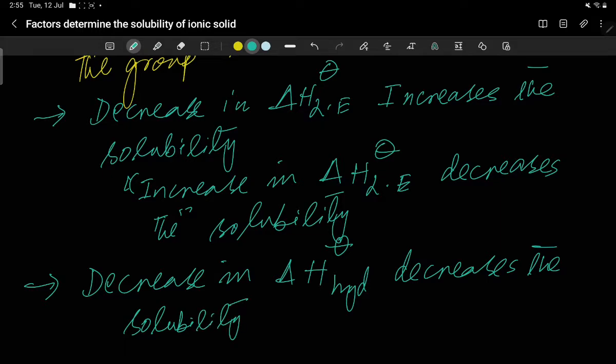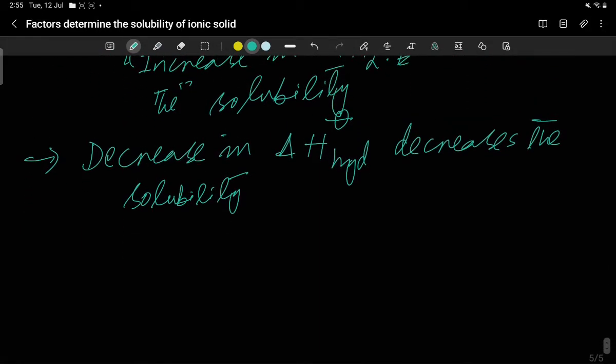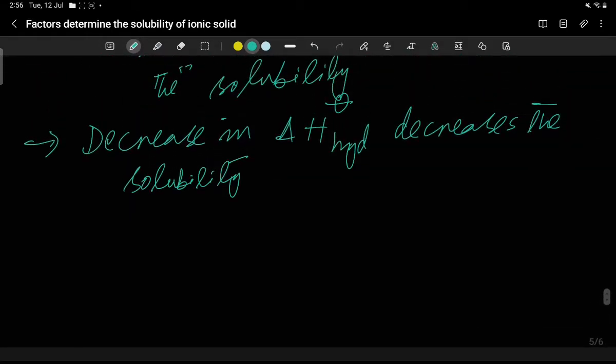An increase in enthalpy change of hydration increases the solubility. So these two factors affect the solubility of the sulfates, but we can write according to the examination point of view. There are 2 marks for this question, 3 marks for this question, so we can explain like this. Because enthalpy of hydration of the sulfates of group 2 decreases down the group, therefore their solubility decreases accordingly.